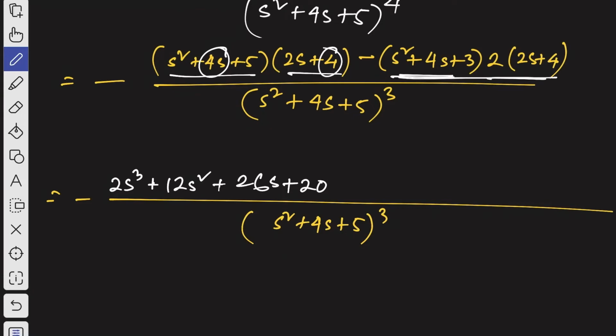Now let us multiply this. If you do so, then what will you get? 2 into 2s, then s square, that's going to be 4s cube, then again s square with 2 into 4, that's going to be 8 into s square, this is 8s square.